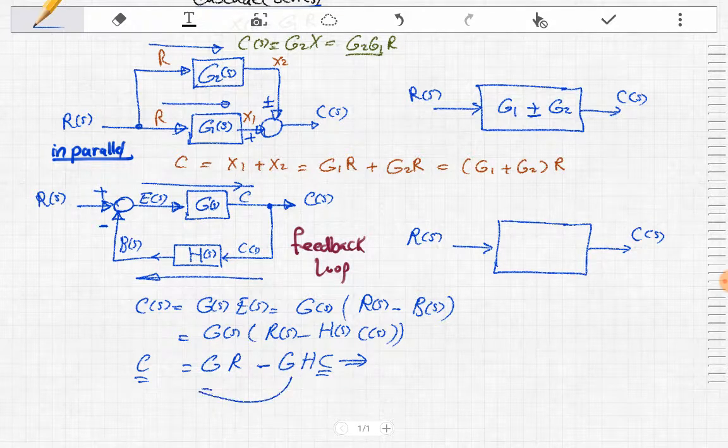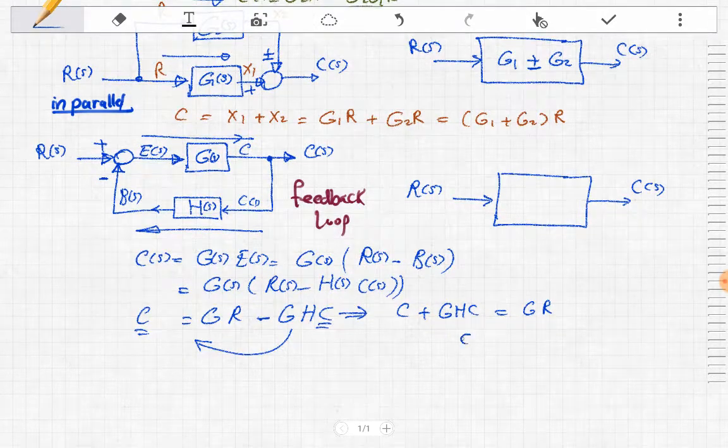Take this one on this side. So what you have? C plus GHC equals GR. True? Take C as a common factor.